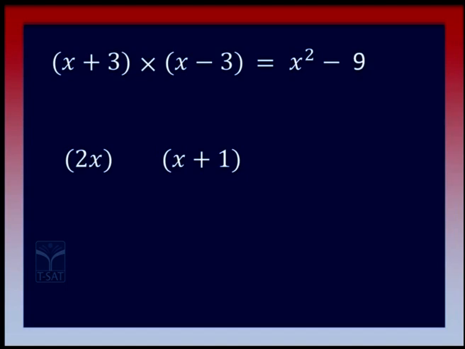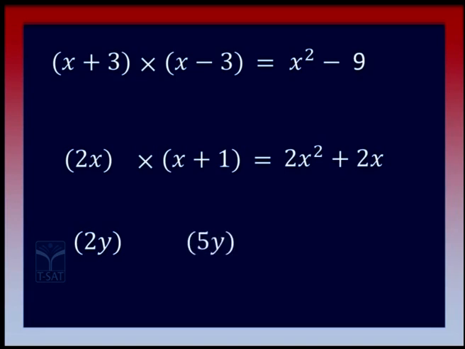If you multiply them, you get 2x square plus 2x. And let us see one more example, 2y and 5y. If you multiply them, what do you get? 10y square. You observe here, when you are multiplying two expressions, you are getting one answer. This is called the product of these two expressions.